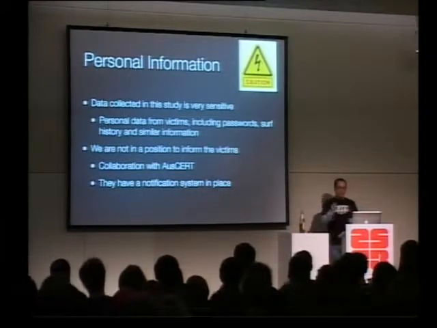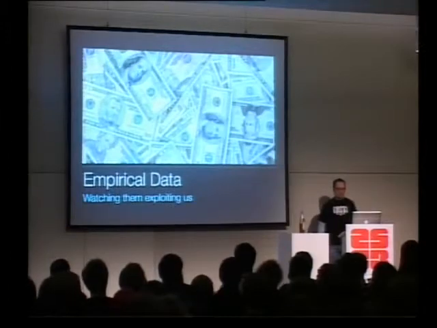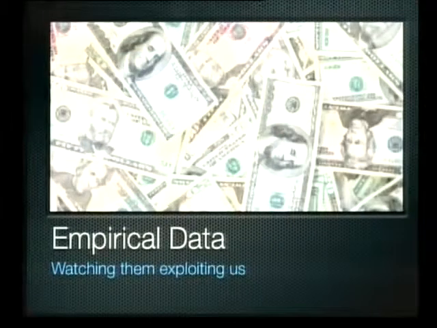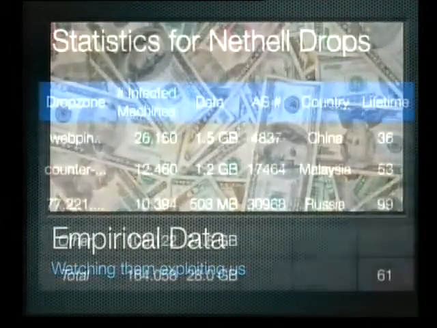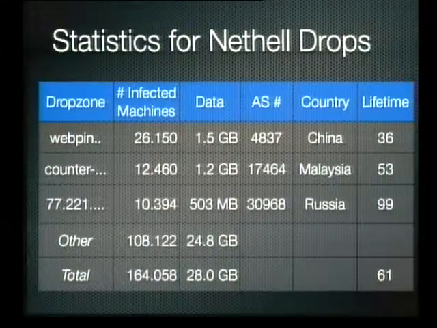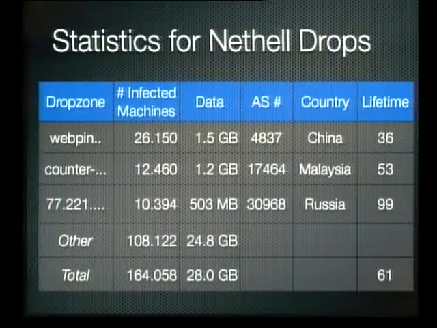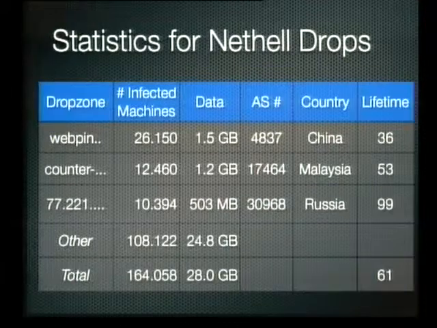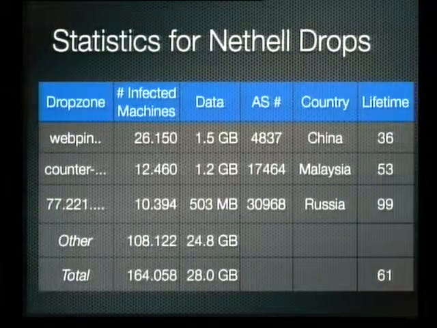Okay, so we have now this data and now some statistics, in order to learn what the attackers are doing, what kind of information they are stealing, and what they can do with our stolen data. In the beginning, just a few examples. This is an overview of what amount of data was stolen in the individual drop zones.